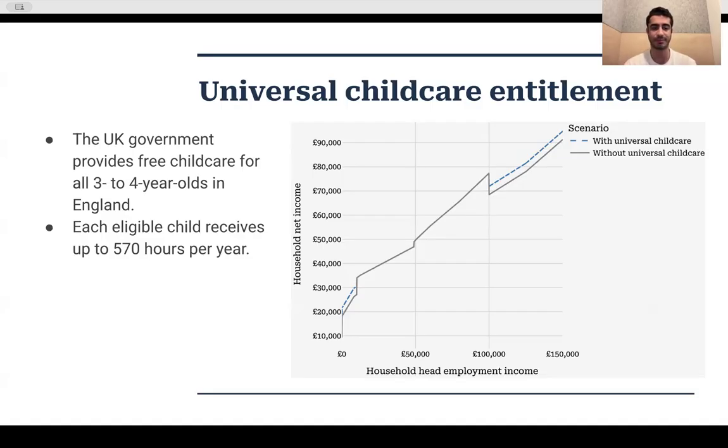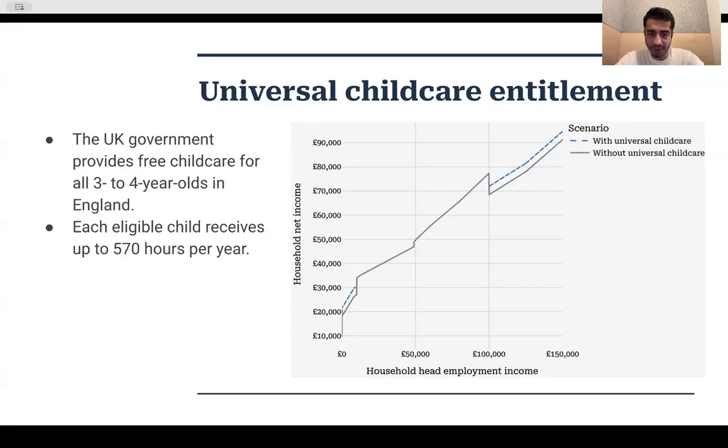So the eligible children receive up to 570 hours per week. And yeah, for this program, universal childcare cannot be combined with the tax-free childcare and universal credit.